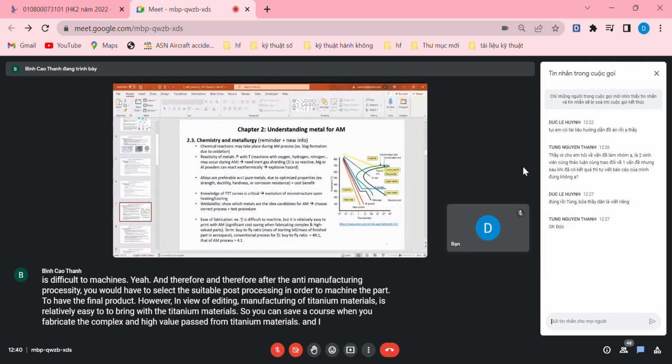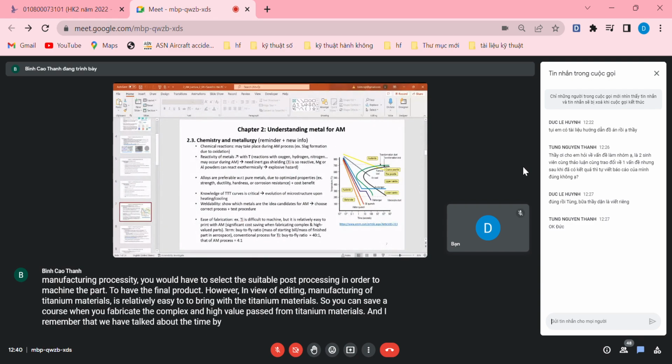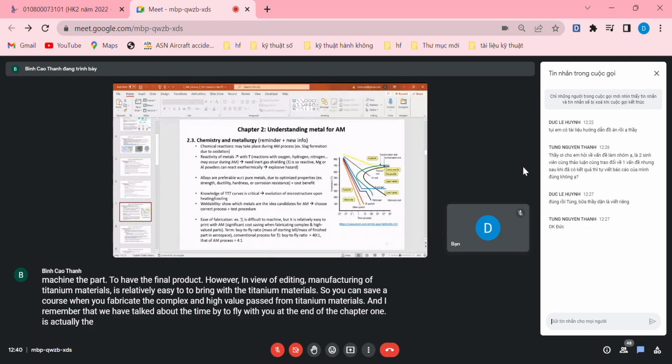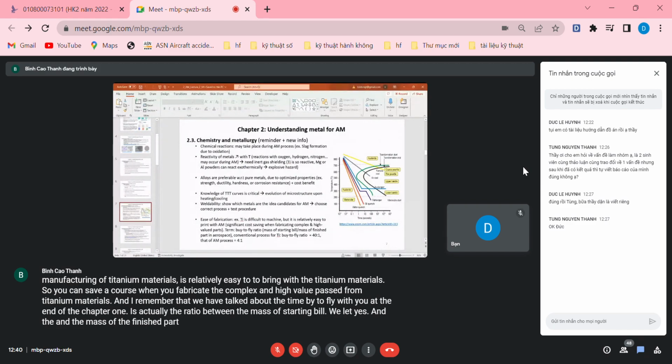I remember that we talked about the buy to fly ratio at the end of chapter one. It is the ratio between the mass of the starting billet and the mass of the finished part in aerospace, to show whether or not we save material.